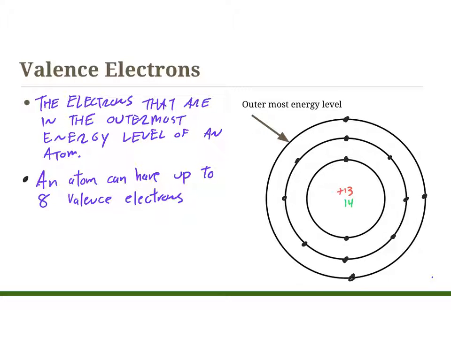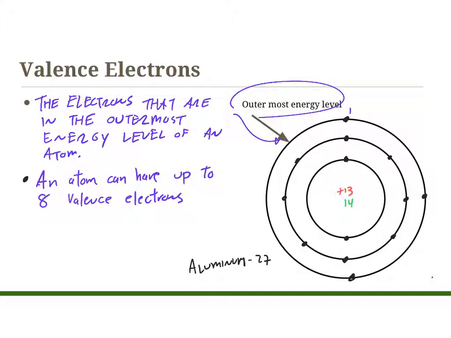So in our model over here for aluminum, which has a mass number of 27, I'm going to look for the outermost energy level, which in this case is this one right here, and I'm going to count the number of electrons that exist there.